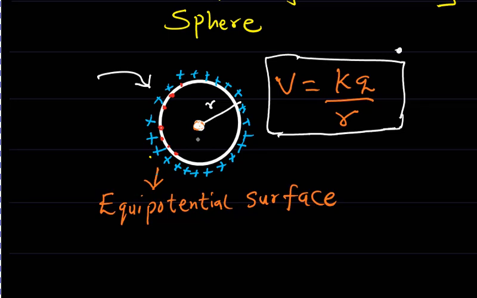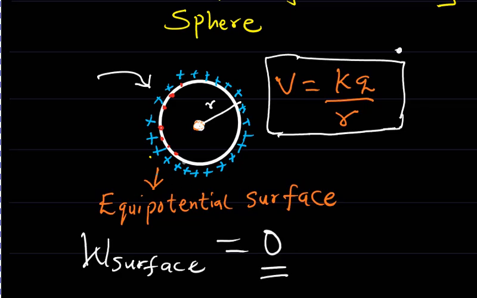That simply means that the potential difference between 2 points on the surface is equal to 0. And if the potential difference is equal to 0, there is no work done in moving a charge on the surface. Since the potentials are the same, the work done on the surface is equal to 0.